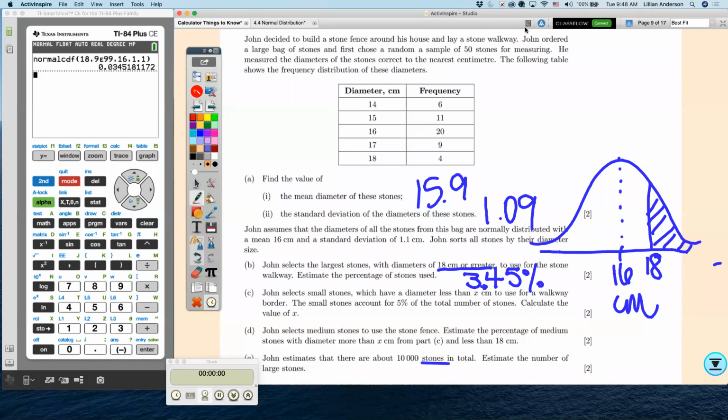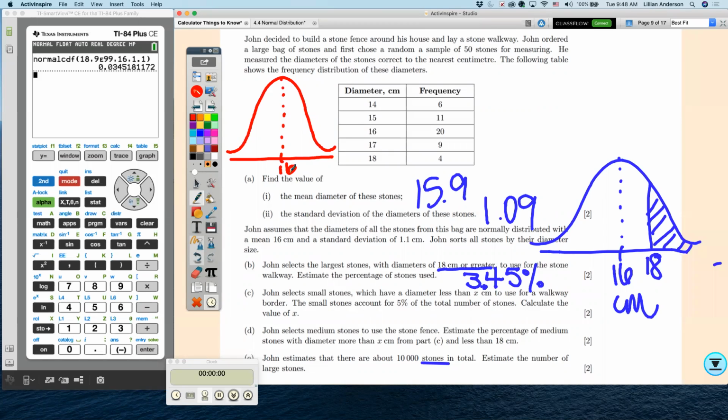So now John selects small stones which have a diameter less than X centimeters to use for a walkway border. The small stones account for 5% of the total number of stones. Calculate the value of X. This one deals with a different part of normal distribution.